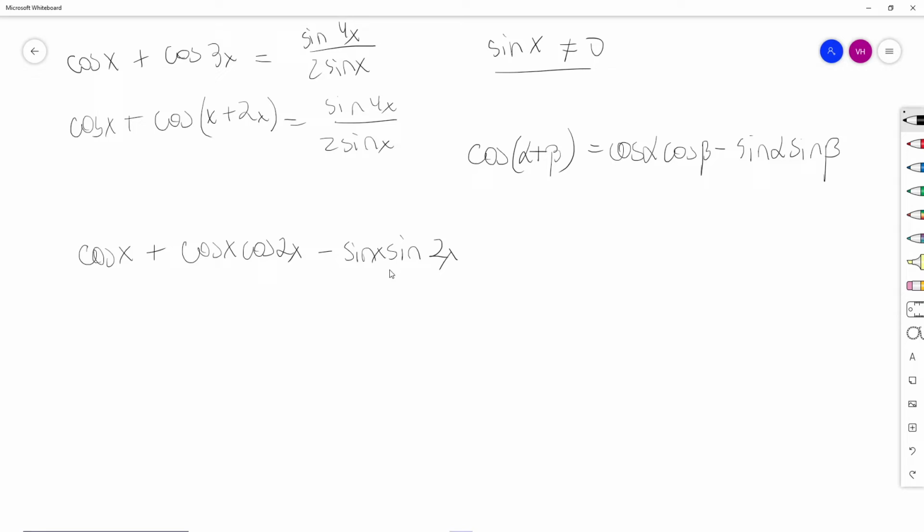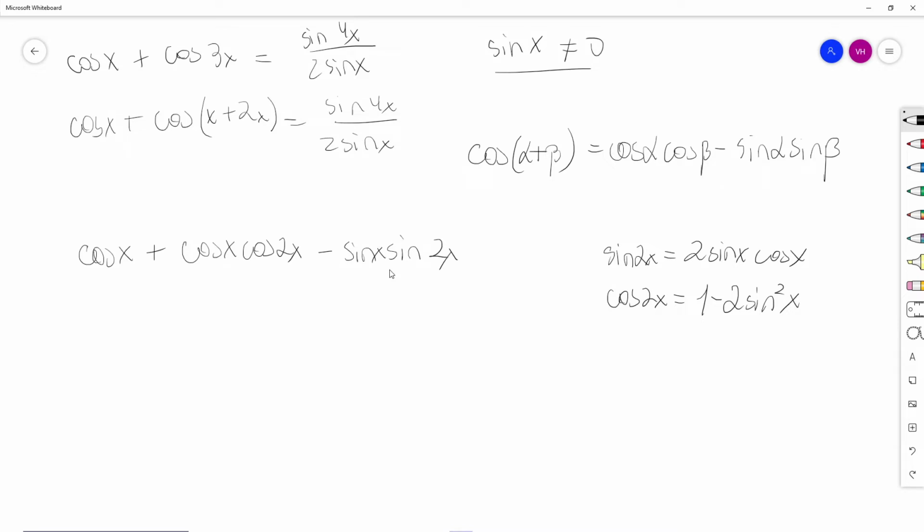From here on out, we have 2x and 2x. So immediately we can tell that it's the double angle rule, which for sines is sine 2x equals 2 sine x cos x. And for cosines, there's a bunch, but the one we're going to be using today for cos 2x is 1 minus 2 sine squared x, if I'm not wrong.